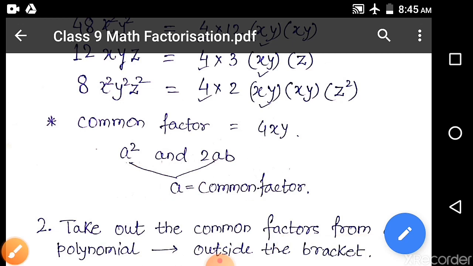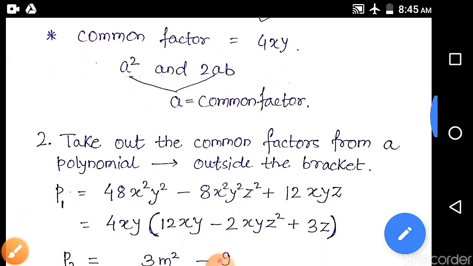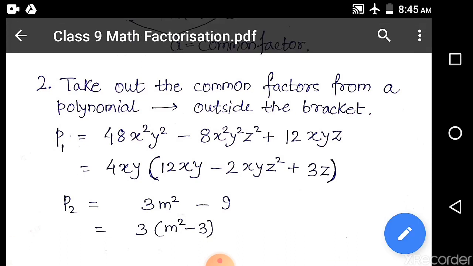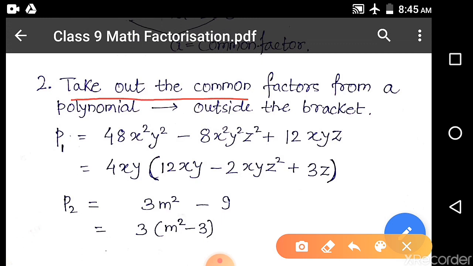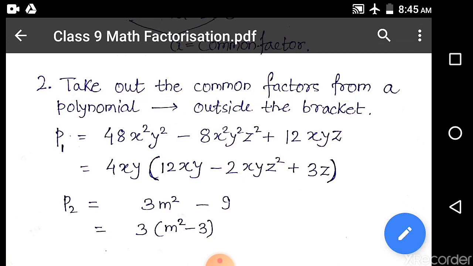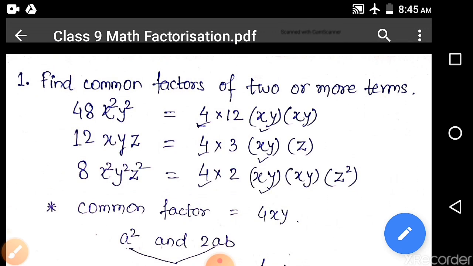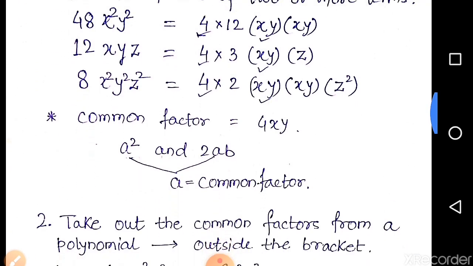Now come to the next step, which is considered the next level. We have the second step: take out the common factor from a polynomial. As in the first step I took one example with three terms, 48x square y square, 12xyz, and 8x square y square z square.